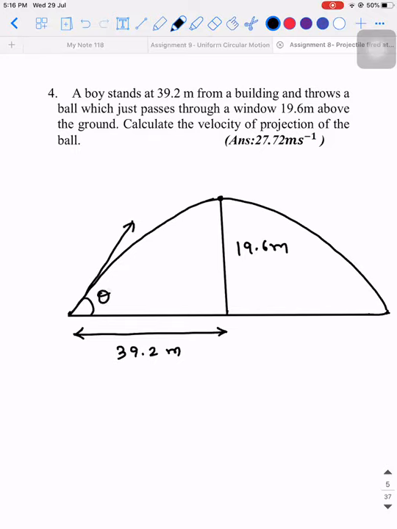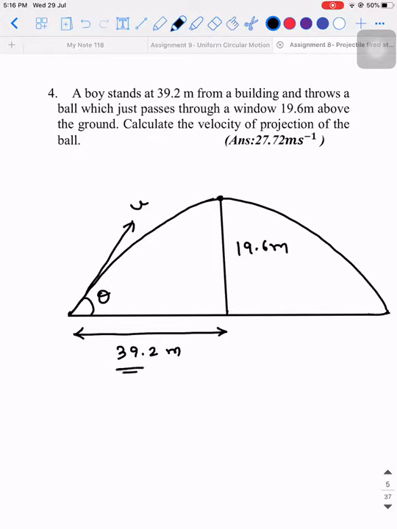Calculate the velocity of projection of the ball. So if this is theta and this is u, how to solve this? Okay, so this is going to be the maximum height, right?